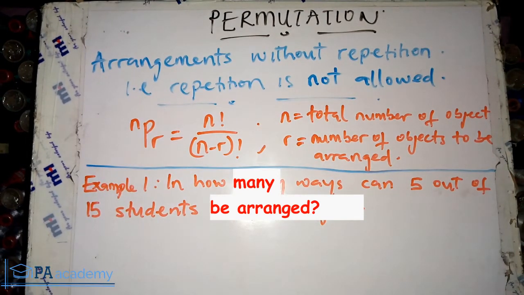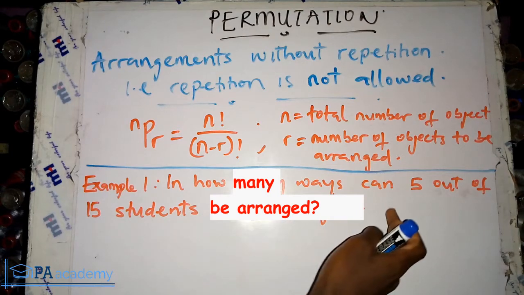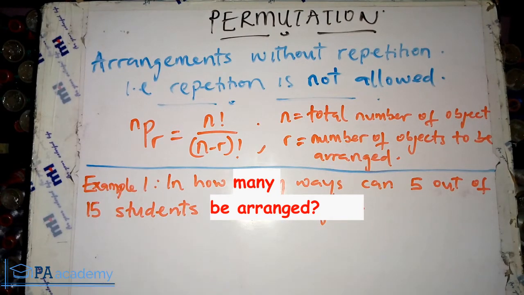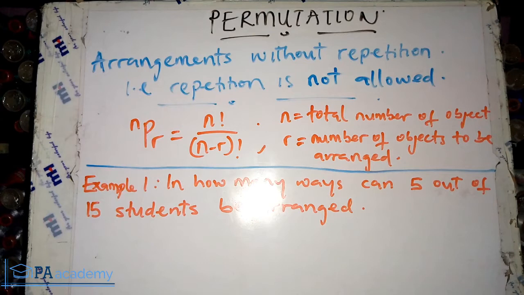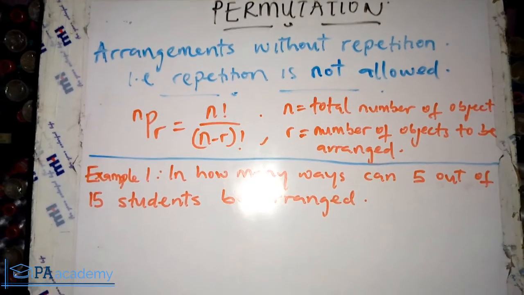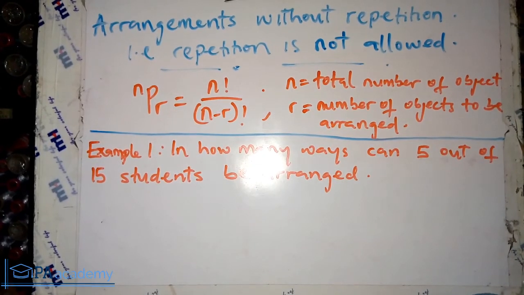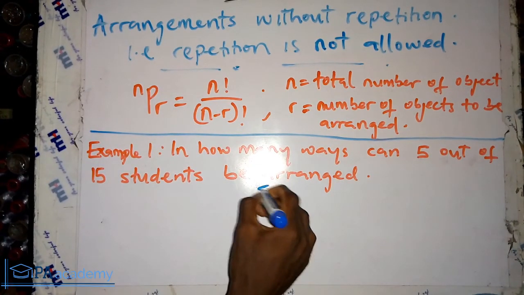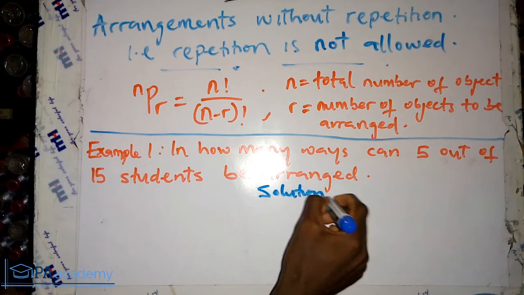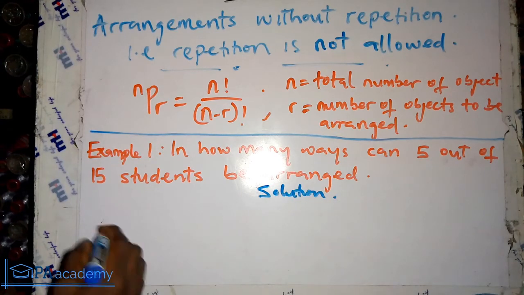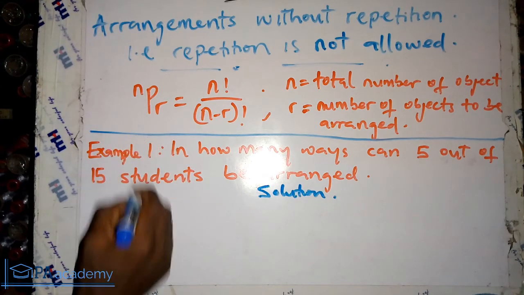So now let's look at example 1. It says, in how many ways can 5 out of 15 students be arranged? That means if you have 15 students and you want to arrange 5 out of those 15 students, how many ways can they be arranged? So let's do that. This is the formula, n permutation r.